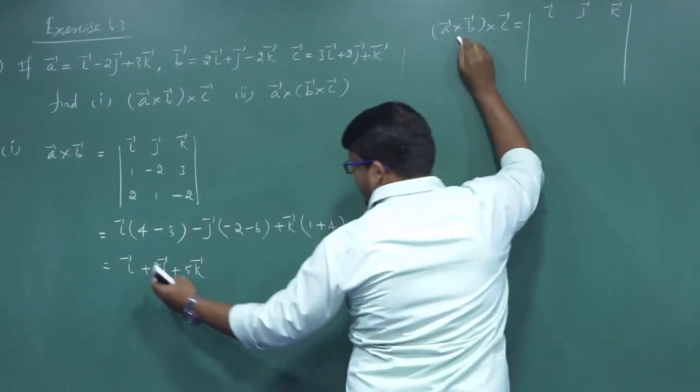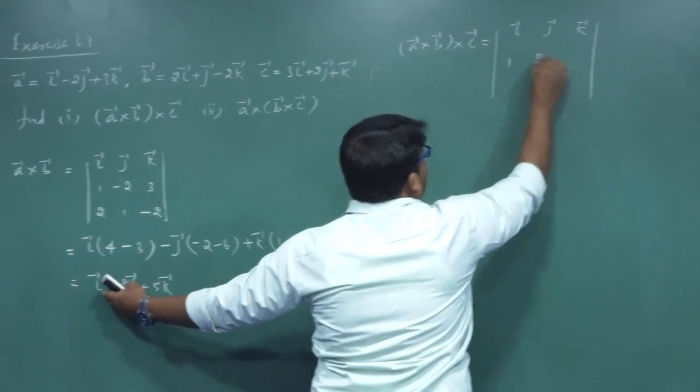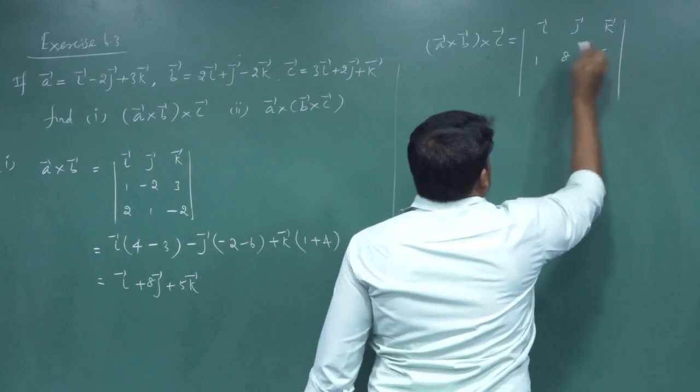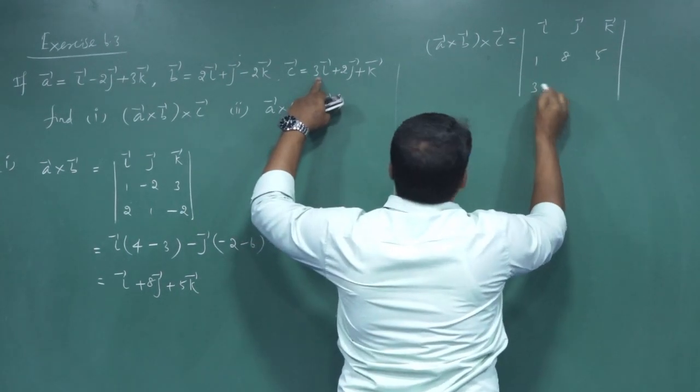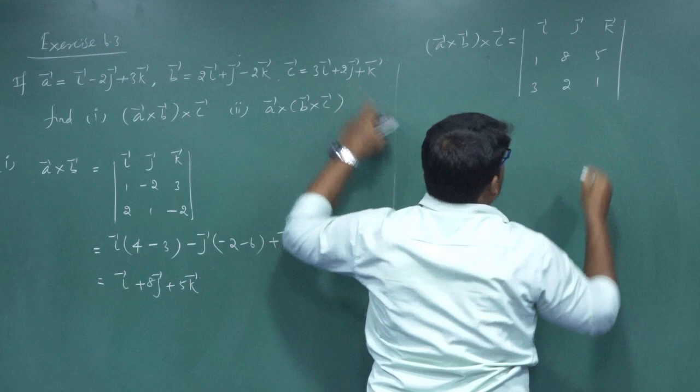The components of A cross B are 1, 8, 5, and the components of C are 3, 2, 1.